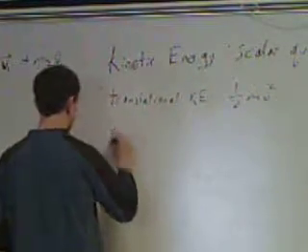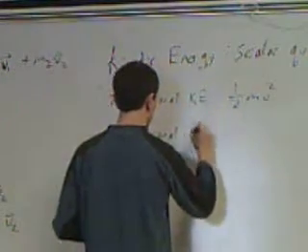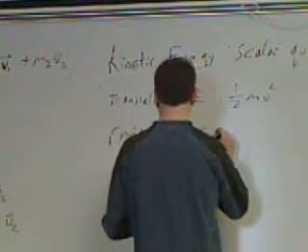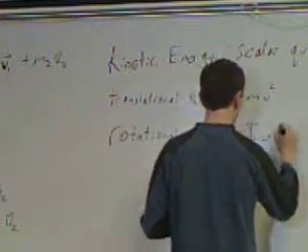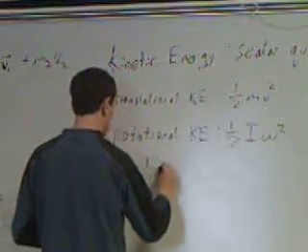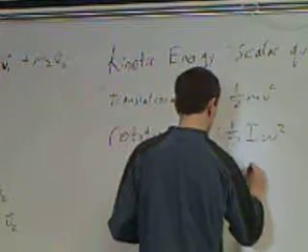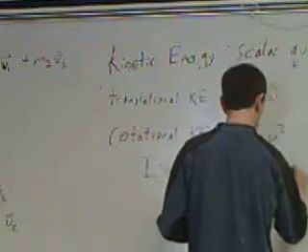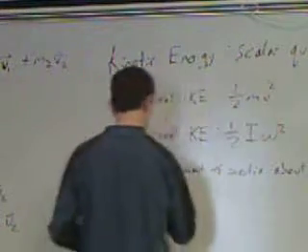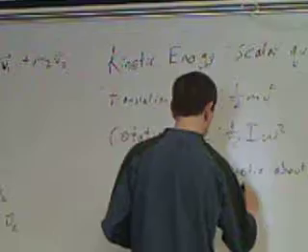So rotational kinetic energy is 1/2 I omega squared, where I is the moment of inertia about the axis of rotation.